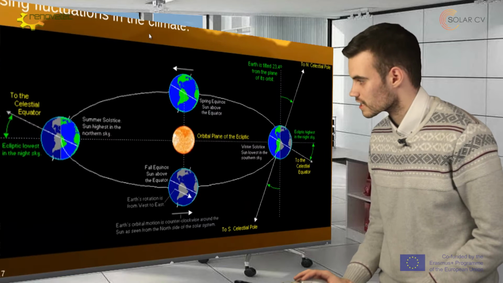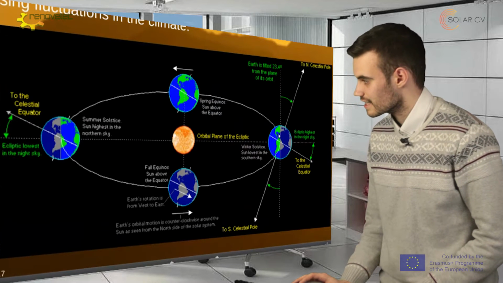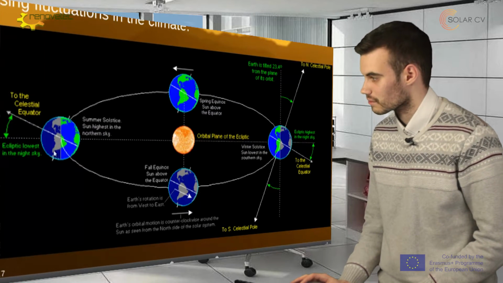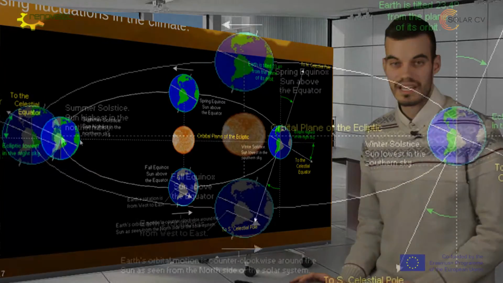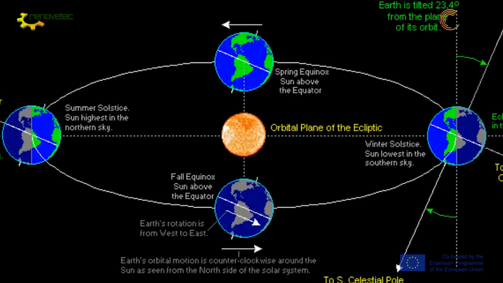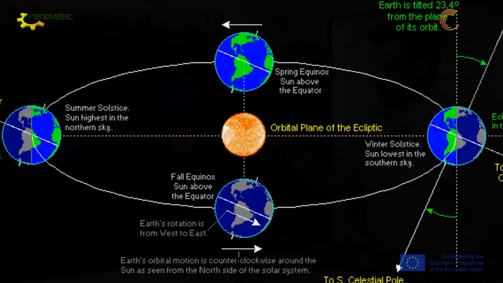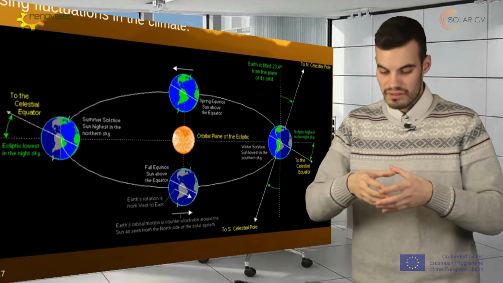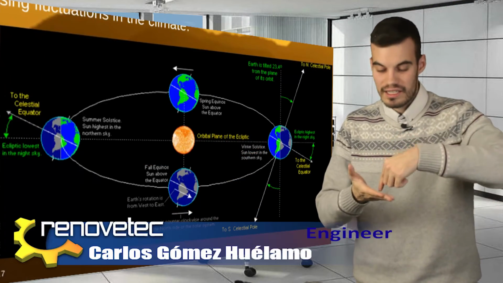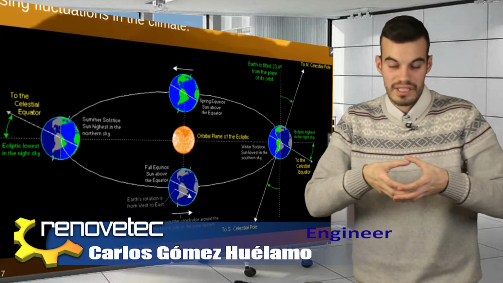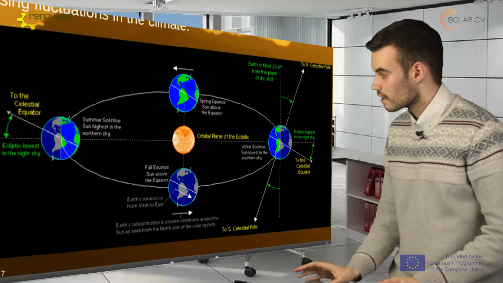Here, for example, we can see that the path around the Sun is not a circle, because if it were a circle, it could not generate seasons, because you would be at the same radius around your center, and this is the Sun.